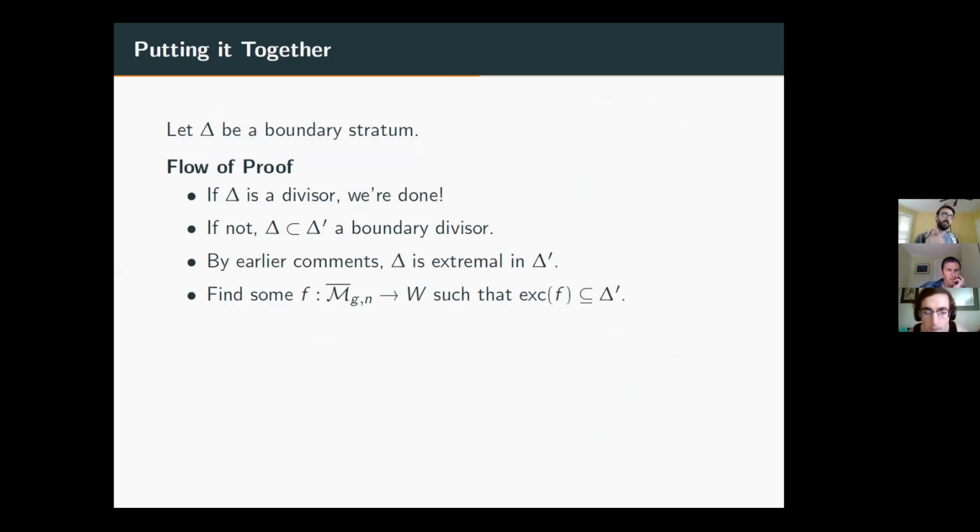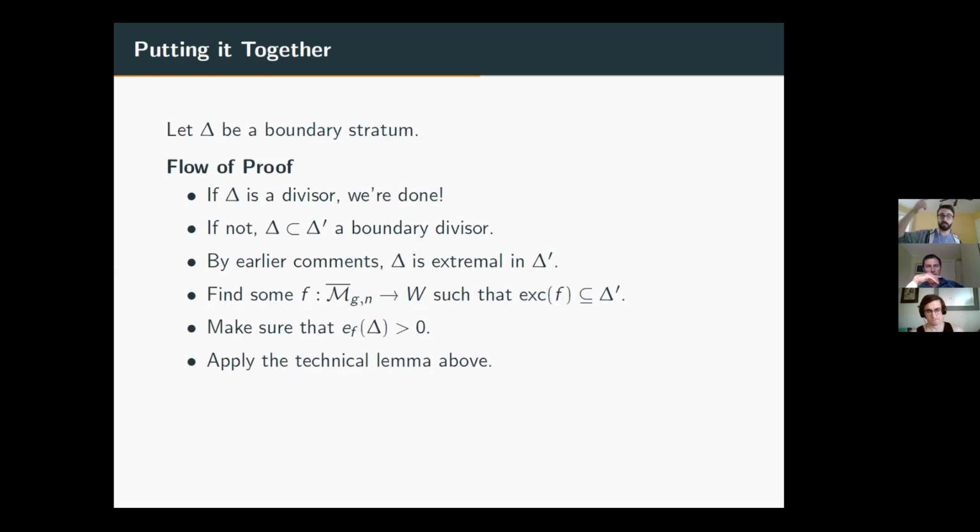So what we need to do now is find some f from M_g,n bar to w such that the exceptional locus of f lives in or is equal to the boundary divisor that contains the boundary stratum we care about. And we need to make sure that the index is positive. And if we do all of that, we can apply the technical lemma, the very technical lemma, and we're done. Bada bing, bada boom.